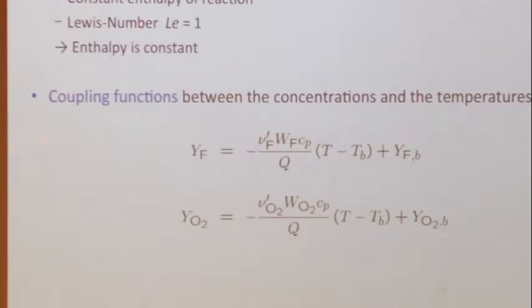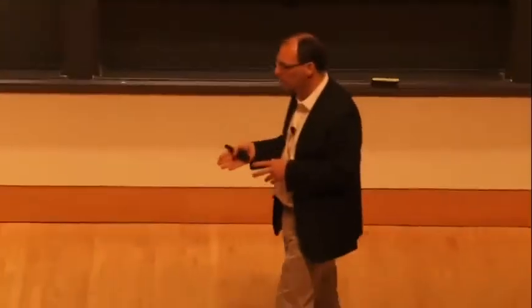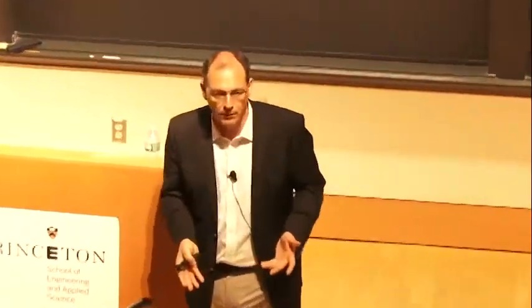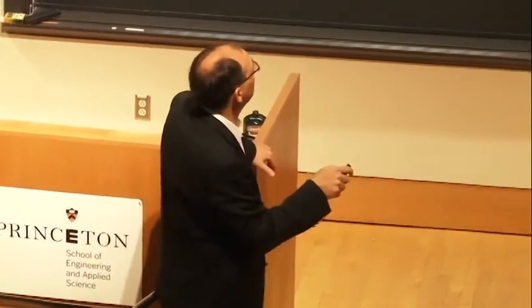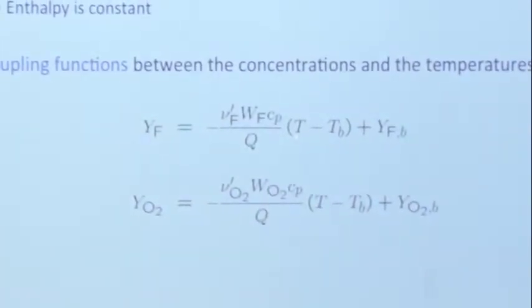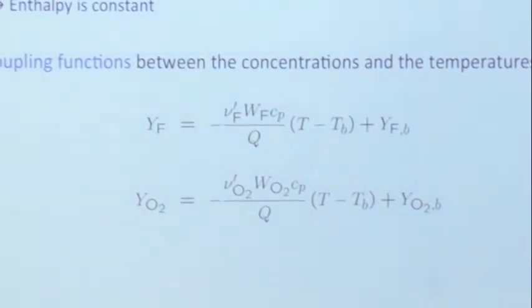But interesting here again is that we can use coupling functions now. It is a one-step global reaction, which means if I convert 1 mole of fuel to products, I have a certain thermal energy release. So the temperature and the mass fractions are coupled. As a matter of fact, this is a coupling function between fuel and temperature, and this is between oxygen and temperature.